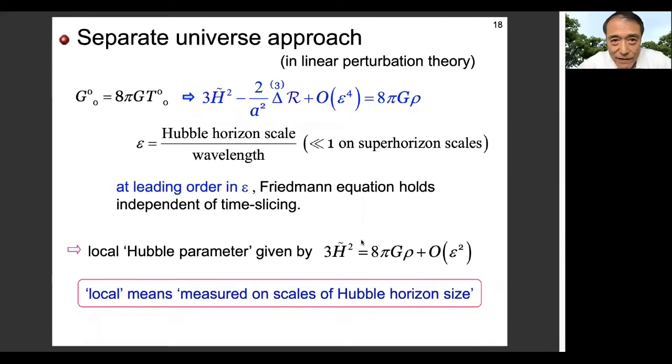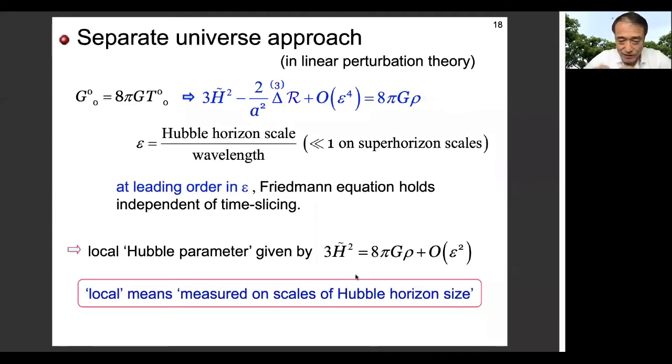At this level, this holds irrespective of the choice of gauge, if your perturbation is at linear order. Okay, so this assumes that if you want to compute something at leading order of the gradient expansion, or long wavelength limit, then this guarantees that the so-called separate universe approach is okay.